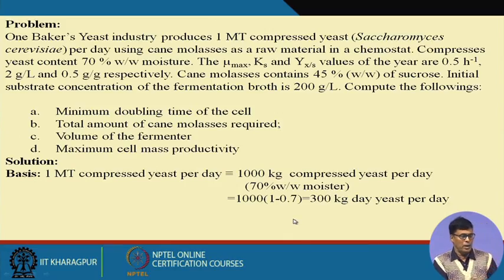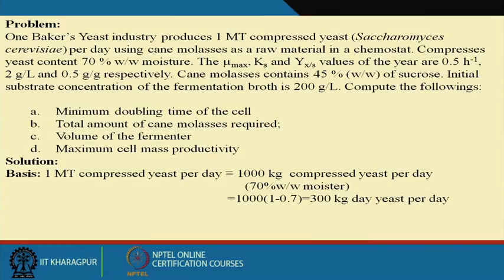And here I want to show you one small problem. I hope this is very interesting as far as the baker's industry is concerned. The problem is very simple. One baker's yeast industry produces 1 metric ton of compressed yeast, Saccharomyces cerevisiae, per day, using cane molasses as raw material in a chemostat.